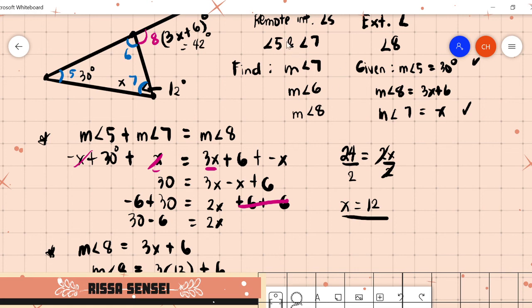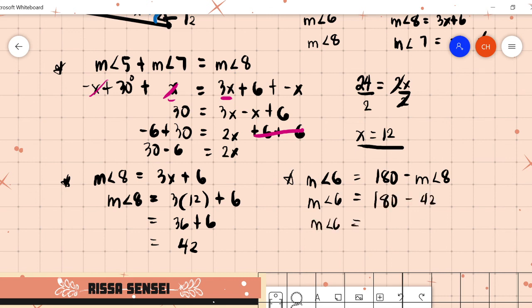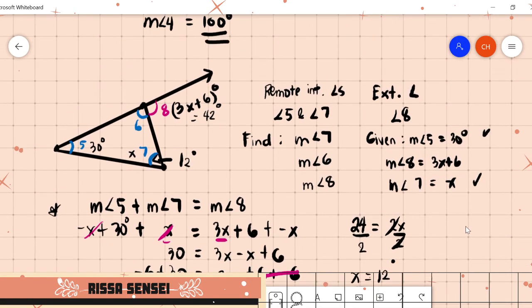So, that's 180 minus the measure of angle 8. So, this is now equal to, don't forget the degrees, 180 minus 42 will give us 138 degrees. Okay. So, the measure of angle 6 is 138 degrees. Hindi nga lang realistic. Anyway, ganun yung thought.